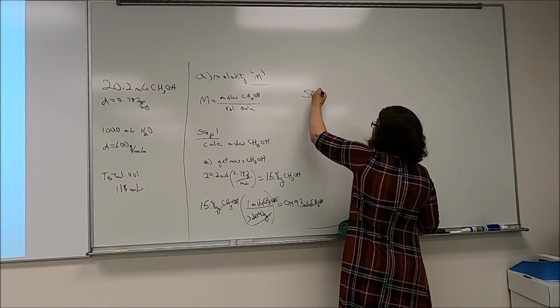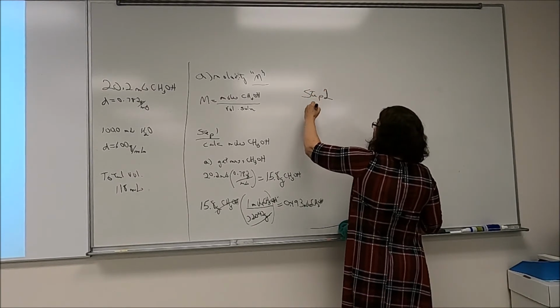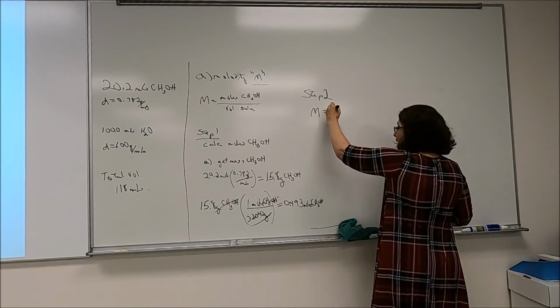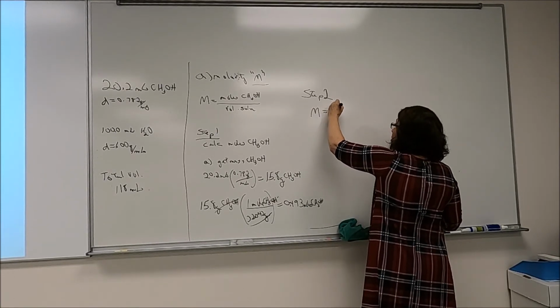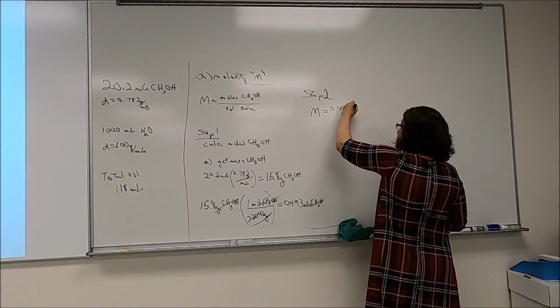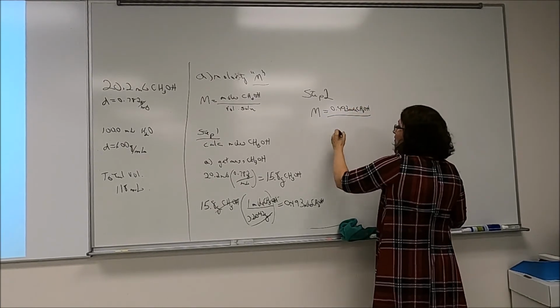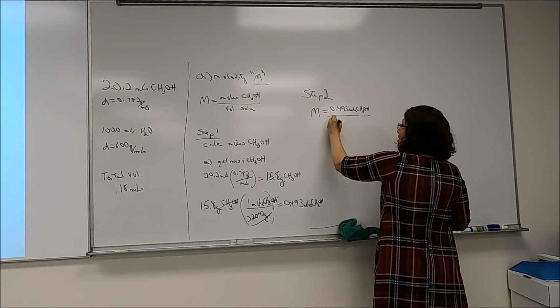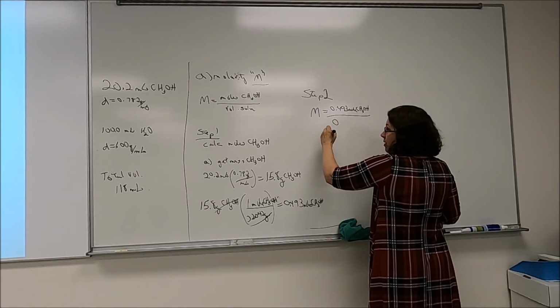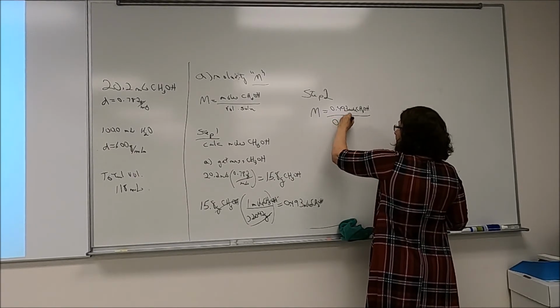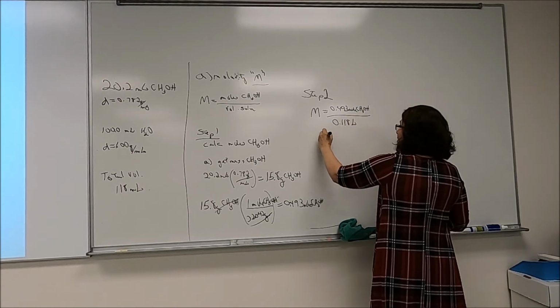Okay? Step 2 then, to calculate the molarity, I'm just going to take my moles, 0.493 moles of CH3OH, and divide it by the total volume in liters, which is 0.118 liters.